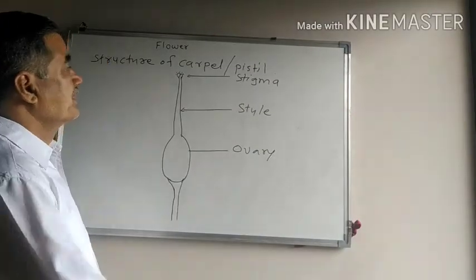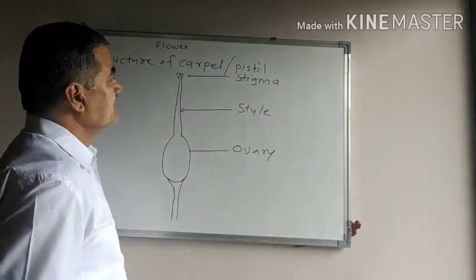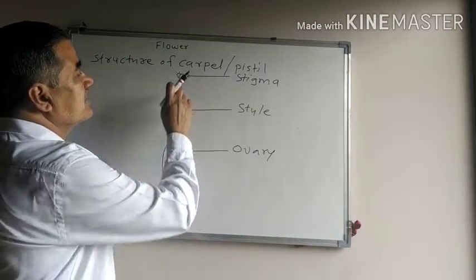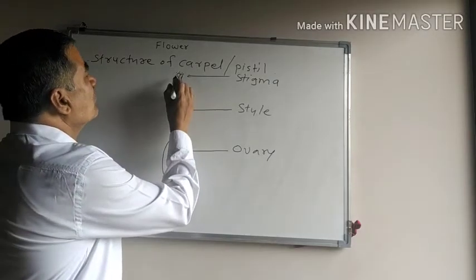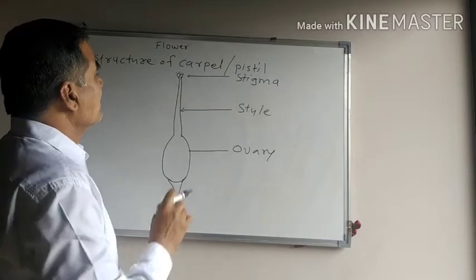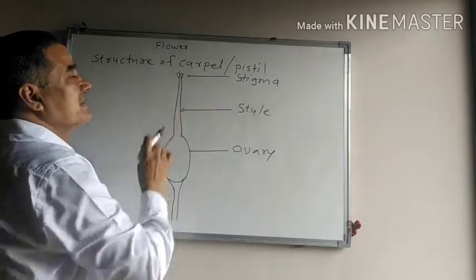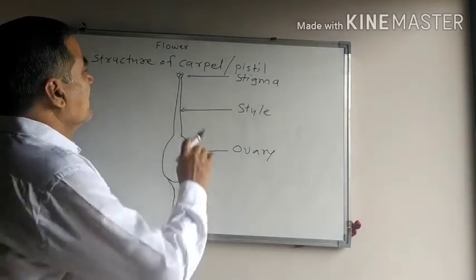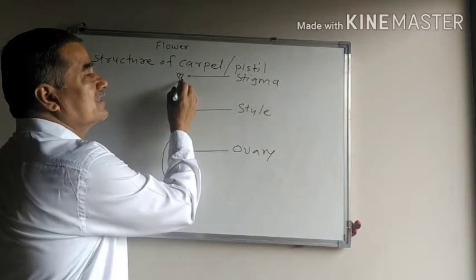At maturity, stigma provides moisture and it secretes sugary substances. These sugary substances form a mucilage mound towards the tip of the stigma. Stigma becomes sticky. It receives the pollen grains after pollination, and here pollen germination takes place and germ tubes come out.